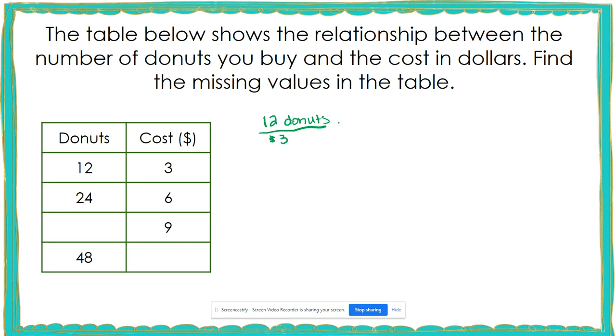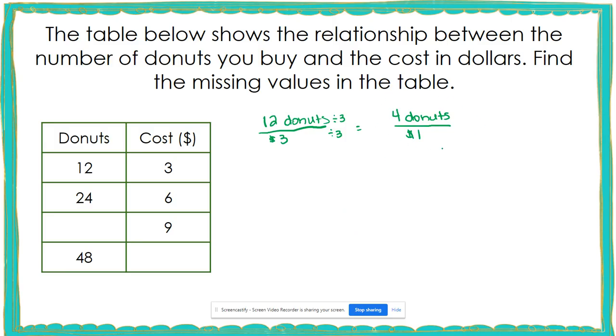So I'm going to simplify this, and if I look at both 12 and 3, I know that both of these can be divided by 3. So 12 divided by 3 would be 4, so that's 4 donuts, and 3 divided by 3 would be 1, so that's $1. That means that the cost of 4 donuts is $1.